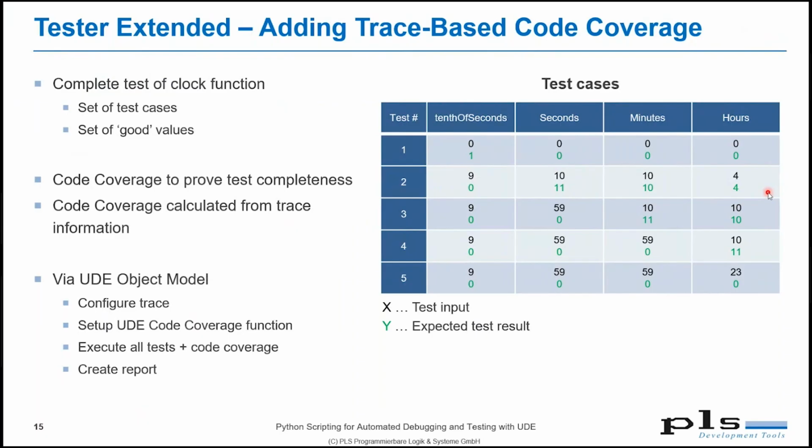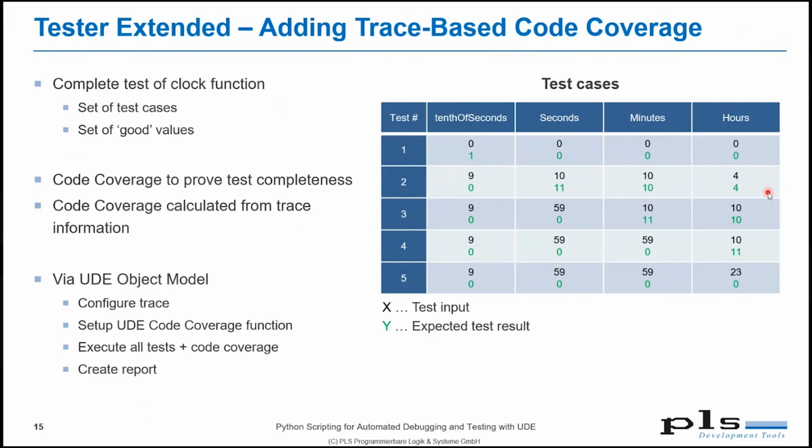UDE provides a code coverage function. And this code coverage feature is based on tracing. So that means you need a trace device or trace capable device. So I have one here. The RX allows us to collect trace information, program trace information, to be more specific.